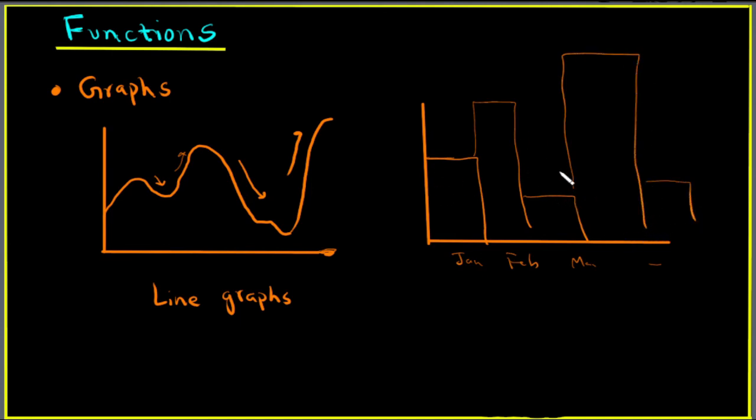So this is another form of graph, but this is particularly for discontinuous data because it exactly tells you how many push-ups you did in January, for example, 20, how many in February, for example, 30, how many in March, for example, just 10, how many in April, for example, 40, right?